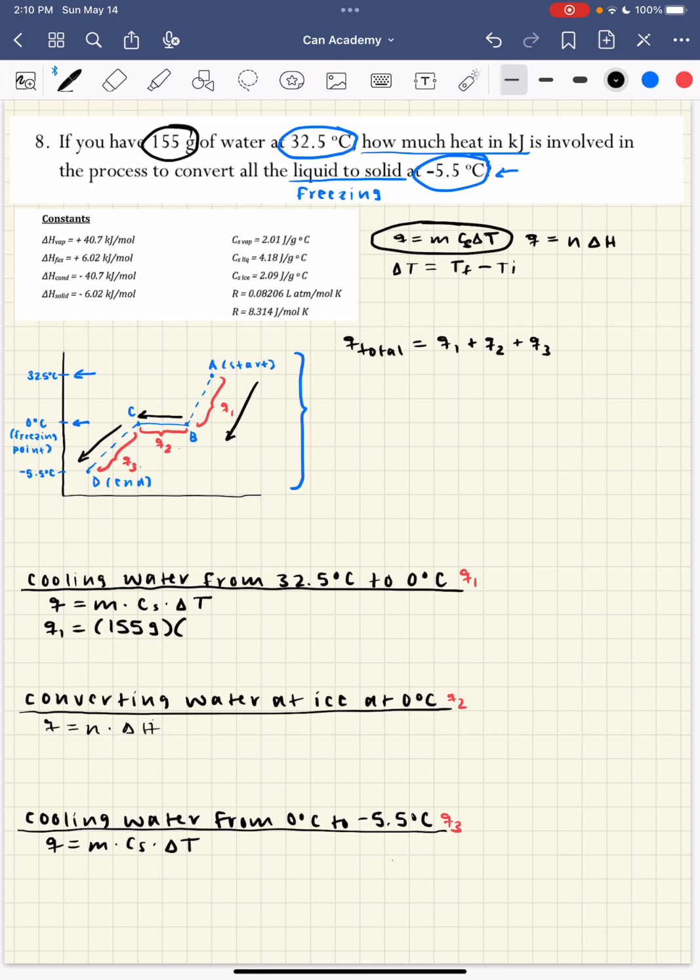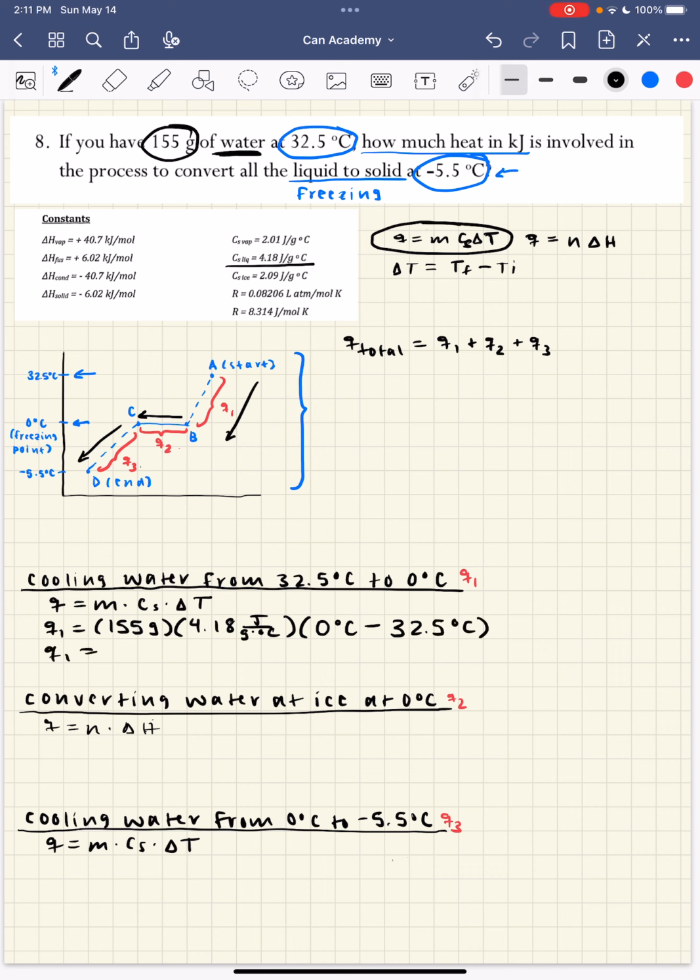Because we know we're starting as a liquid, because it says water, we can look for the specific heat of liquid in our reference chart, which is 4.18 joules per gram degrees Celsius, times the change in temperature, final minus initial. And remember, our final temperature is not negative 5.5 degrees Celsius for this segment. It's just going to be 0 degrees Celsius because that is our final destination for this particular segment. And then our initial temperature is going to be 32.5.